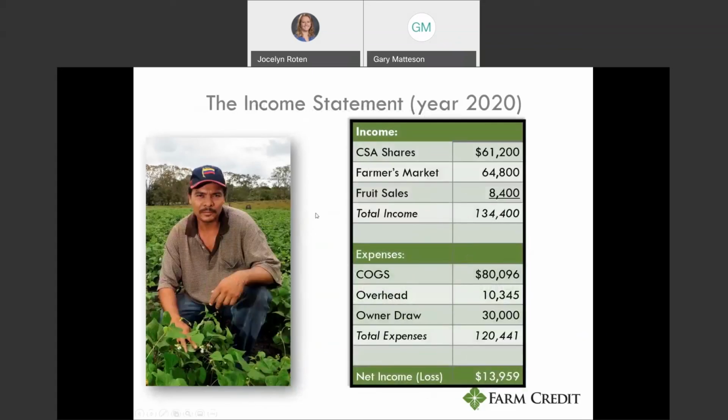A very simplified income statement would show where you sold your products, your vegetables in CSA shares or at farmers markets, and then your expenses. If you notice, these are the same numbers that you saw in that cash flow budget. So there's overlap between that 5-line income statement format and the income statement that you would show to a lender of, well, here's what I think I'm going to do next year.